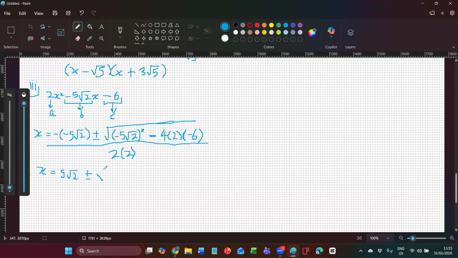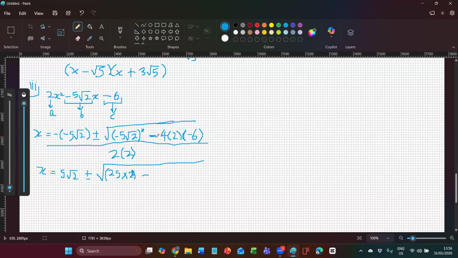Now, let's be careful with what's going to happen inside this big square root sign. The square will affect minus 5. Minus 5 times minus 5, that's minus 5 squared, is still what? 25. Okay. Then the square will also affect square root of 2. So it will be 25 times 2, isn't it? Yes, sir. Okay. All right. 25 times 2.